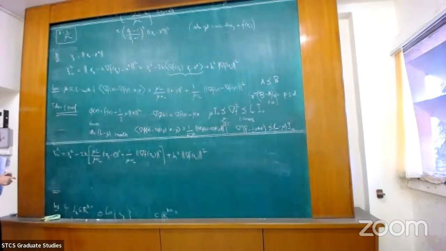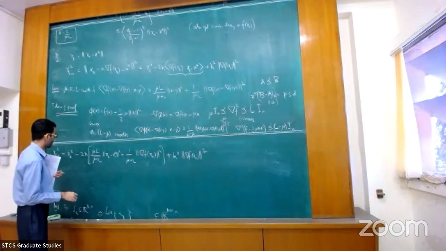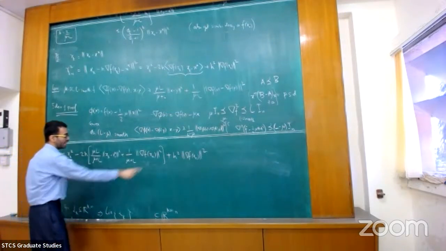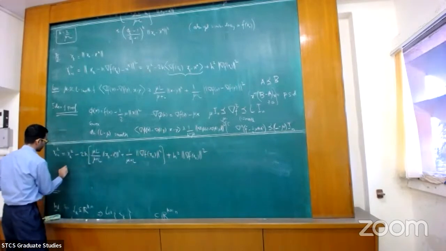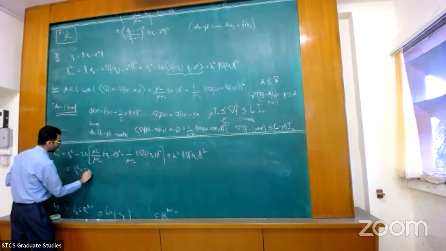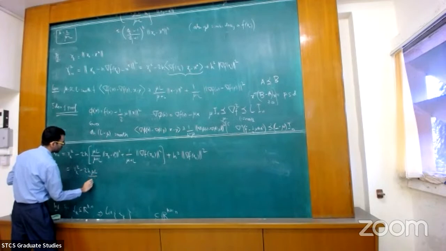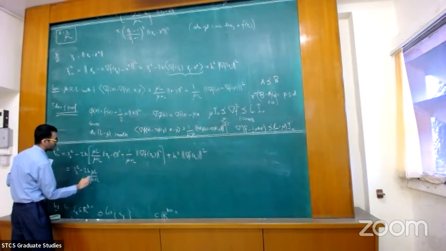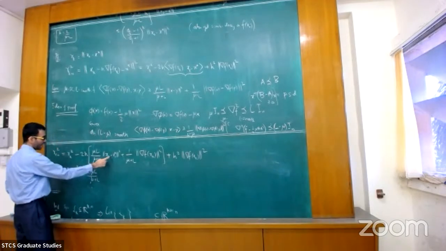Okay, great. And now it's looking nice because this thing here will hopefully help out. There's r_k squared minus something, and this is again r_k squared.